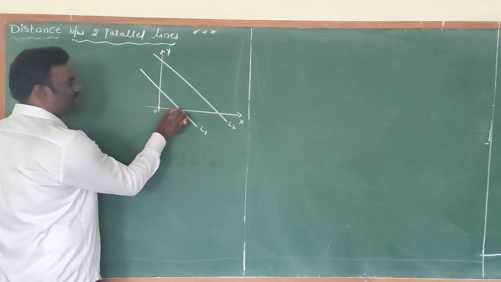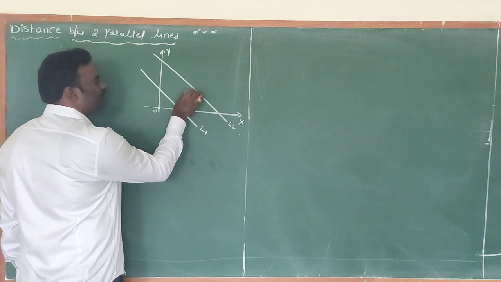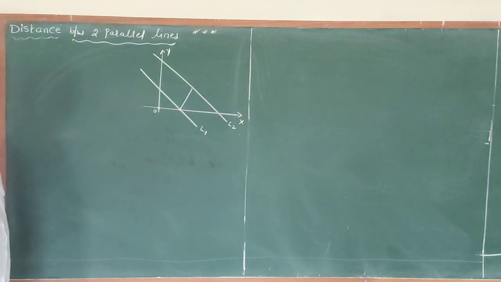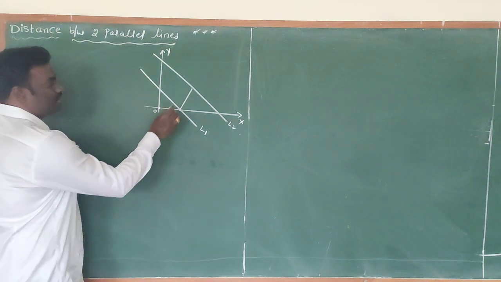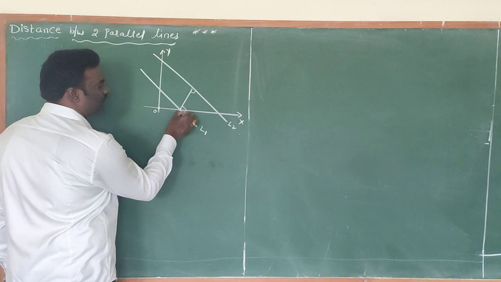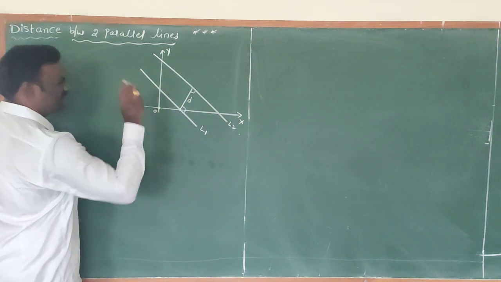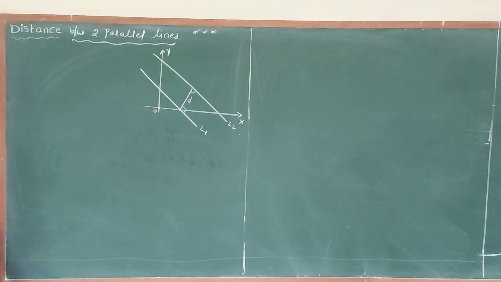We need to find the distance between these two parallel lines. This is a distance. Distance is always perpendicular. This is the distance between parallel lines.